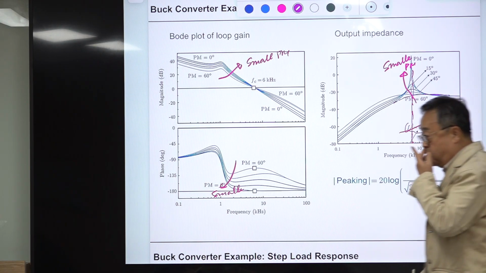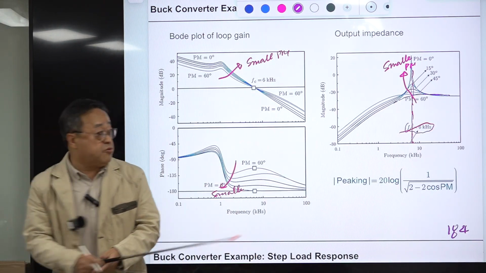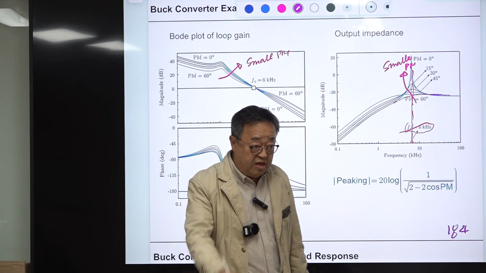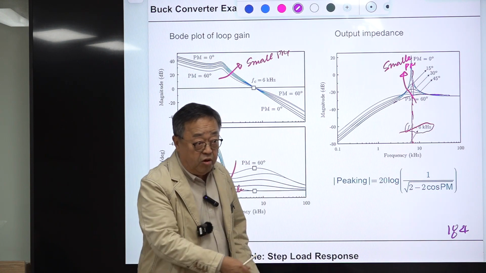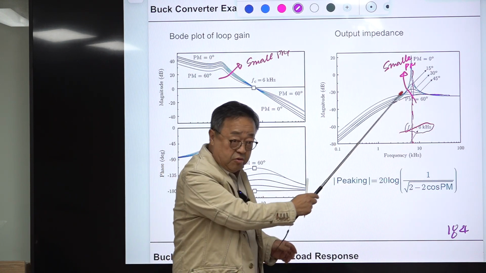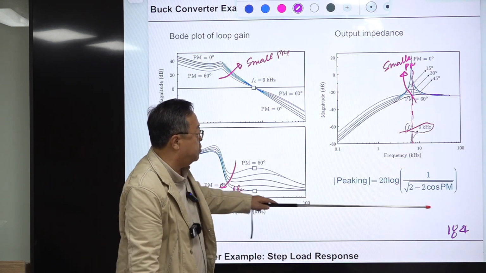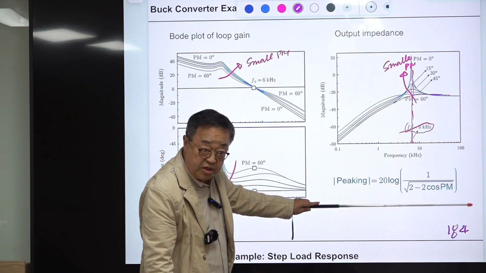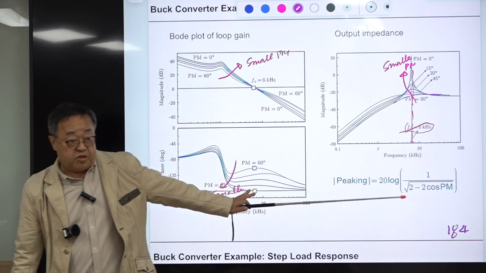Peaking means there is some decaying oscillation at this frequency, and the decay rate becomes slower as the peaking grows larger. This is the relationship between the magnitude of the peaking and the phase margin. We'll discuss this later.